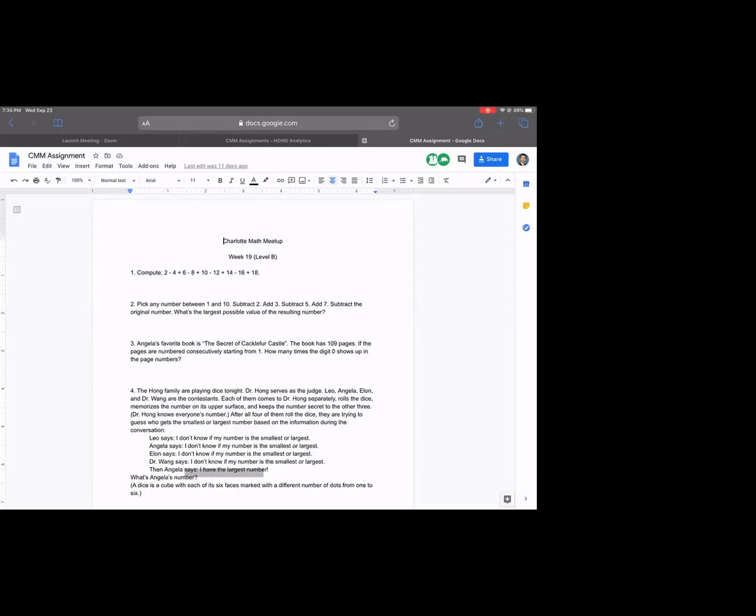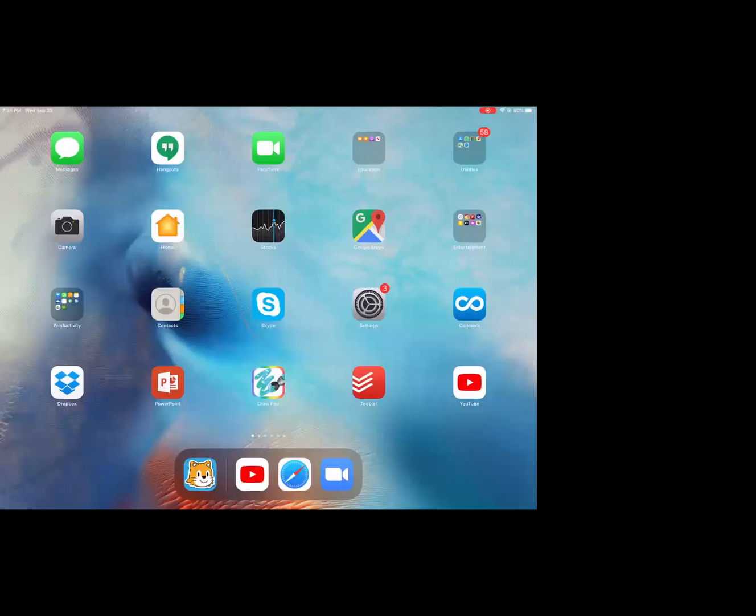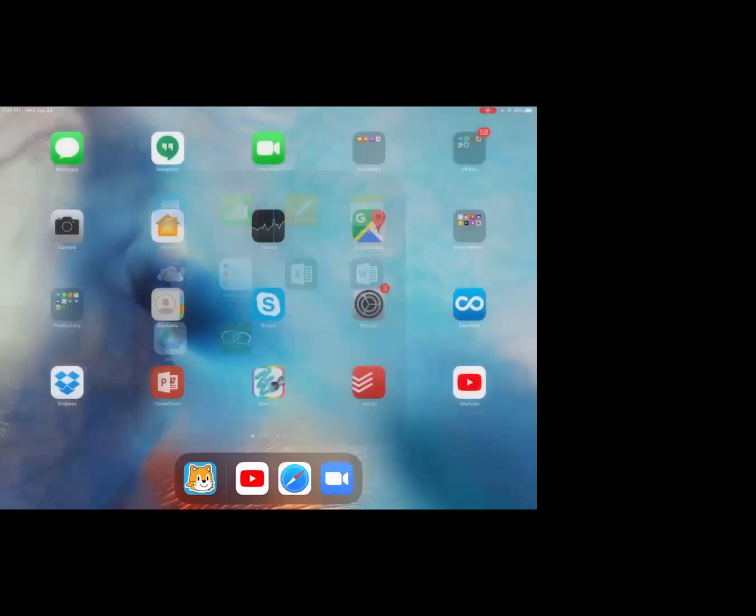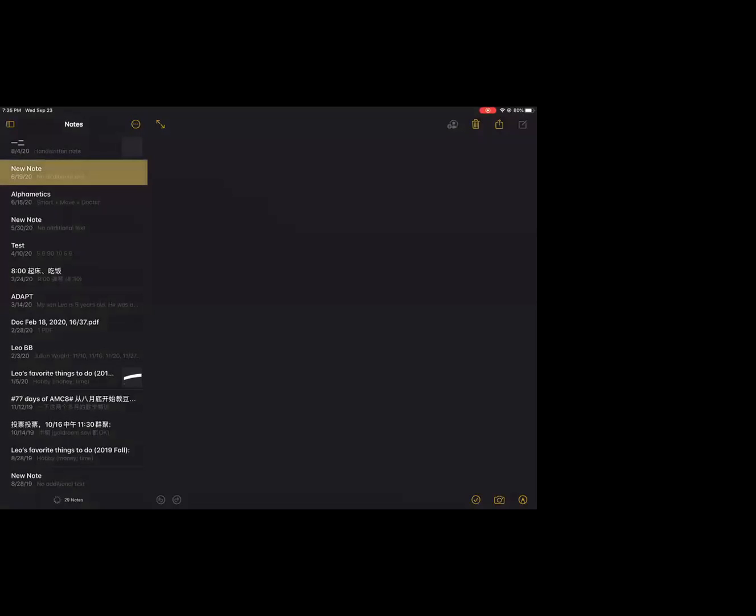So how I did the 1st problem was I didn't just do 2 minus 4 plus 6 then minus 8 like that. Technically I put parentheses around all of the subtraction ones.